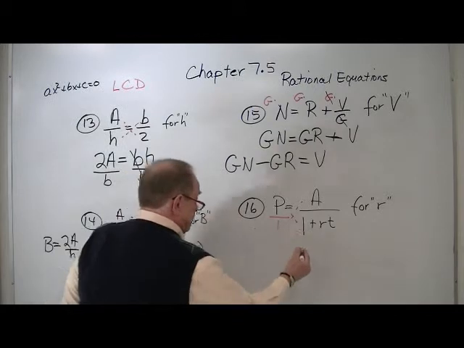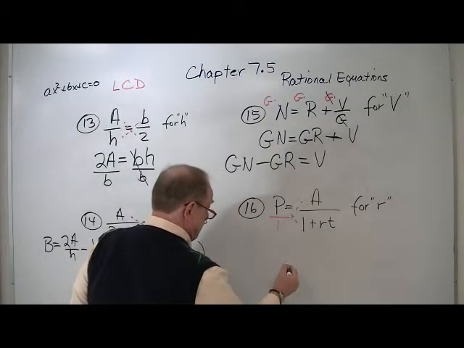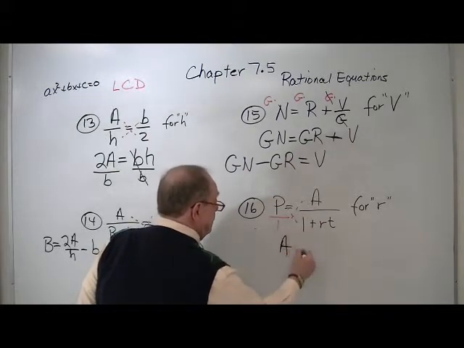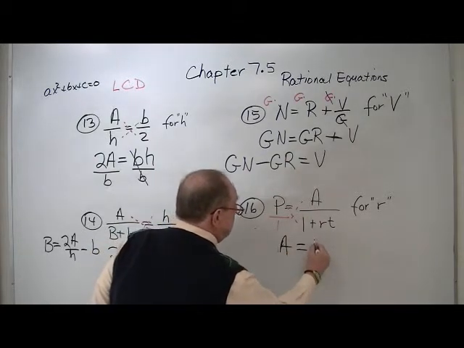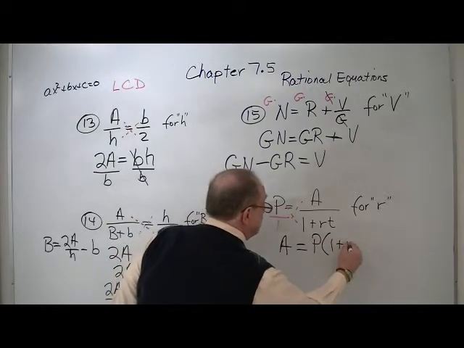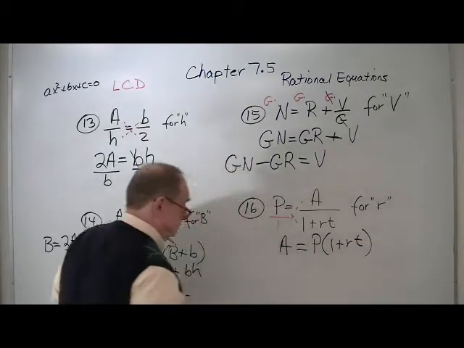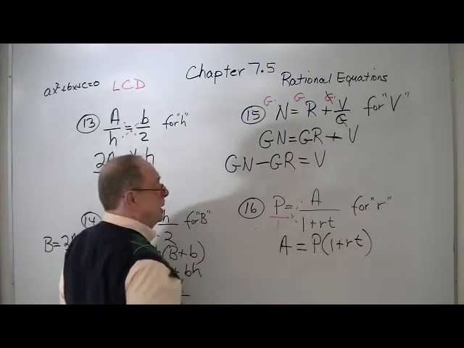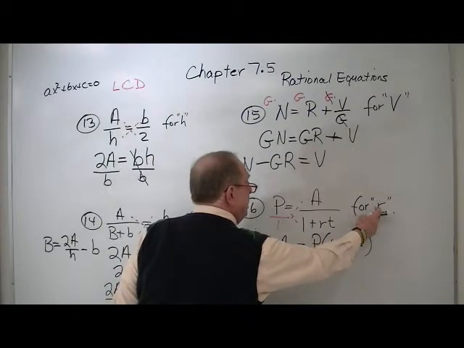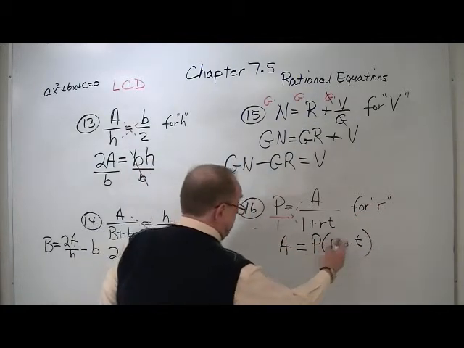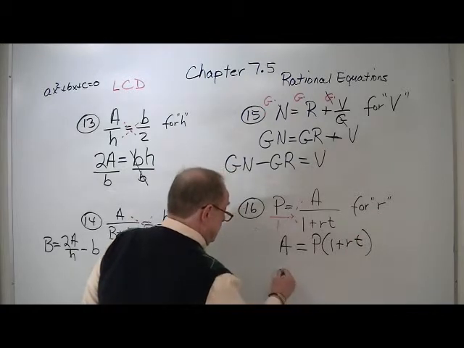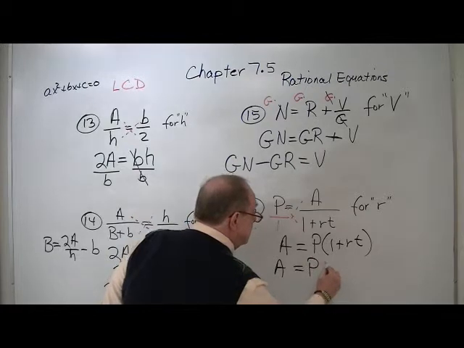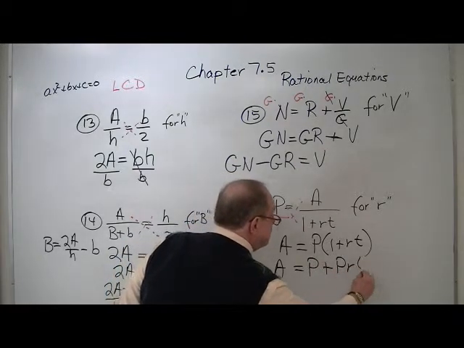And then in this last one, again, we're going to cross multiply. This gives us a over there, and this will be p times 1 plus rt. So we're just cross multiplying. But we want to solve for r, so we've got to get r out of that parenthesis. So this becomes a equals p plus prt.